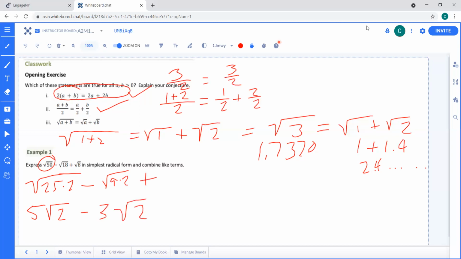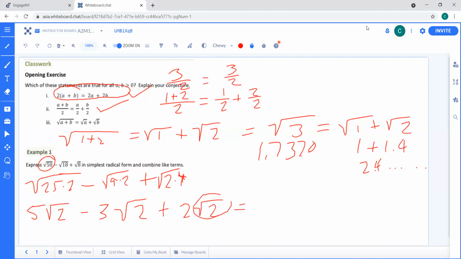And plus the square root of 8. We can break that down and say square root of 2 times 4 is equal to 2 square roots of 2.